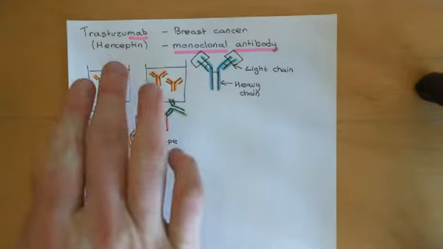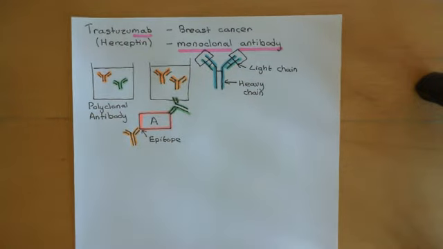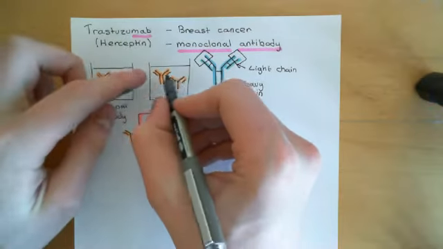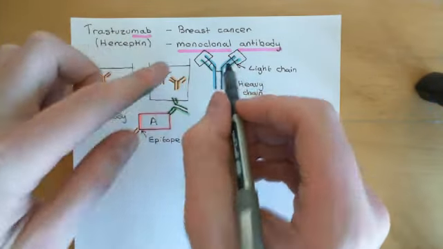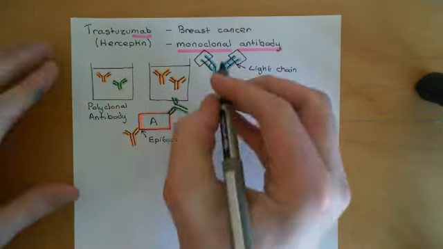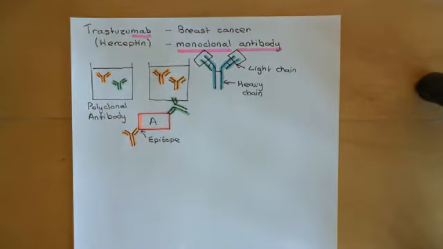So Trastuzumab is a mixture of loads of antibodies that are all identical and bind to a certain epitope of a protein, basically. So this specific domain that all of these antibodies have binds to a specific epitope of some protein. So that's the difference between a monoclonal antibody and a polyclonal antibody against a protein.